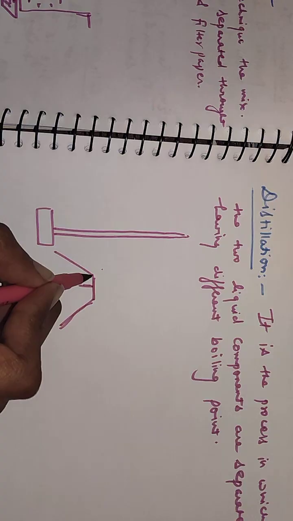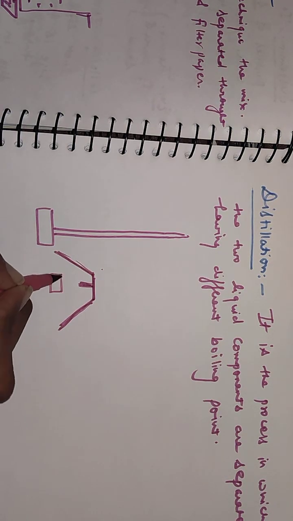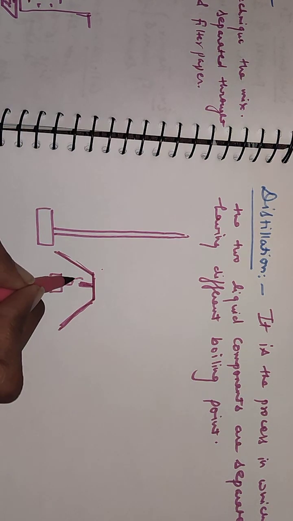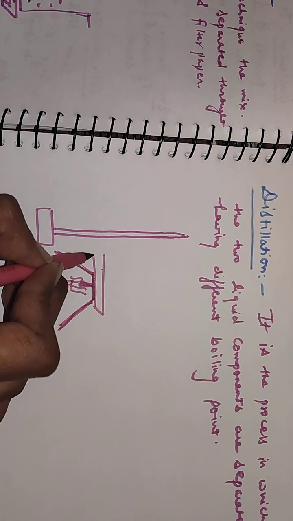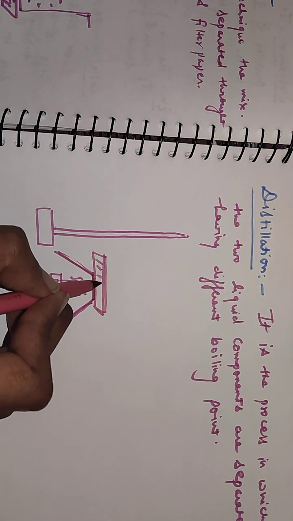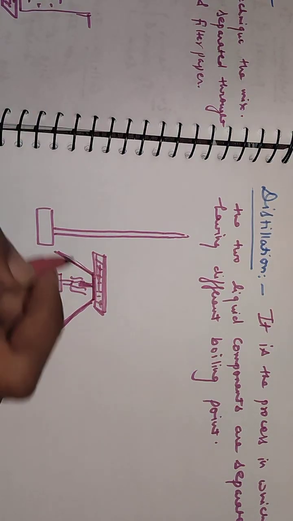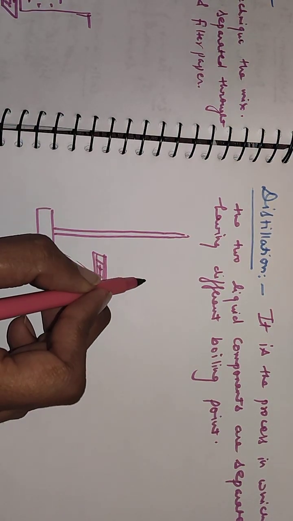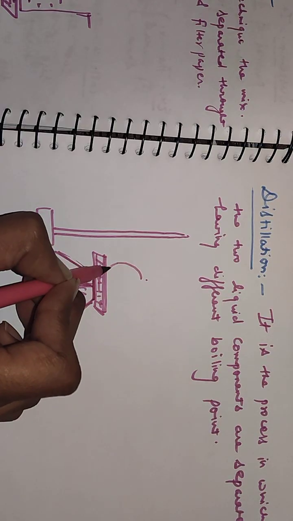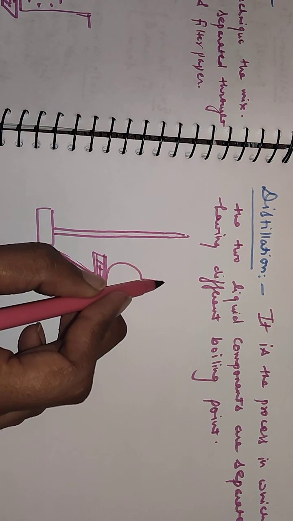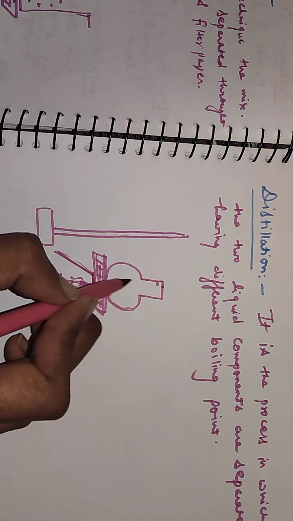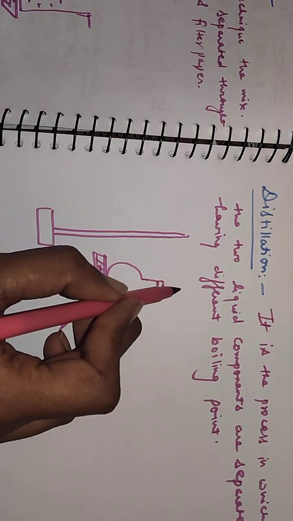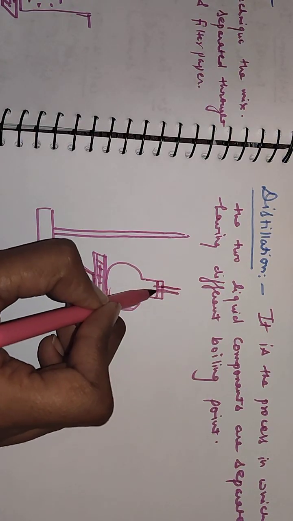The tripod stand we just fixed there, and it's like a burner where the flame comes out, and on a wire gauze we just place a round bottom flask, any container just like a round bottom flask. Then put the thermometer and fix it by the cork.